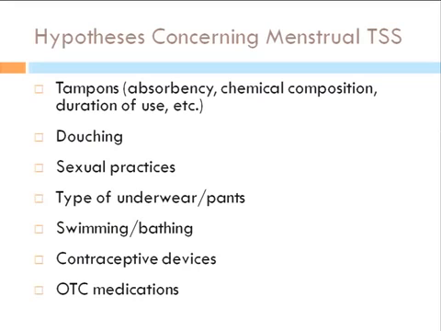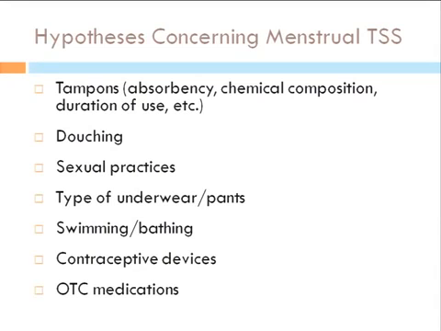So that would be, you'd expect to see actually exactly the opposite. Do you guys see that? So they did that study basically, and what they found was that certainly it did seem that leaving them in for longer increased your odds of having toxic shock syndrome.